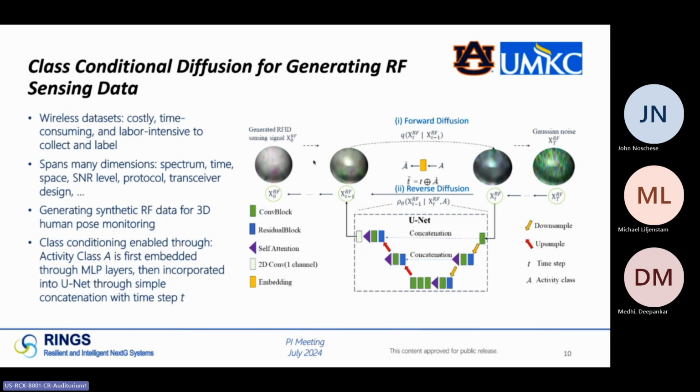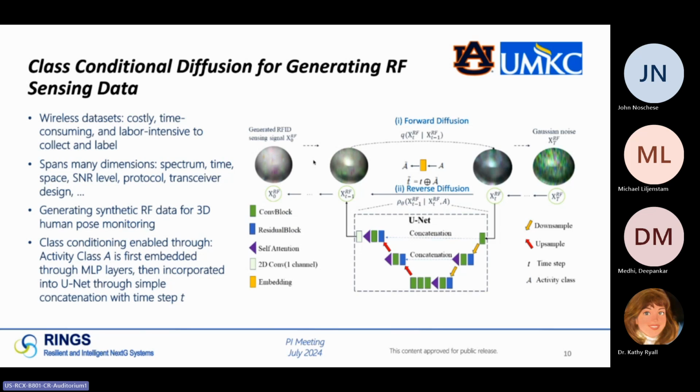Even in the same environment, you see very different channels, different conditions, different time, different space, different signal to noise ratio, different protocols, hardware design, etc. So basically, it's very costly to get a rich set of data sets to train your machine learning models.